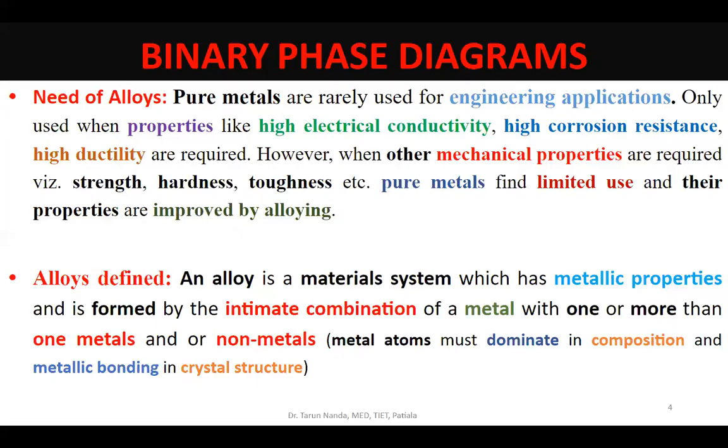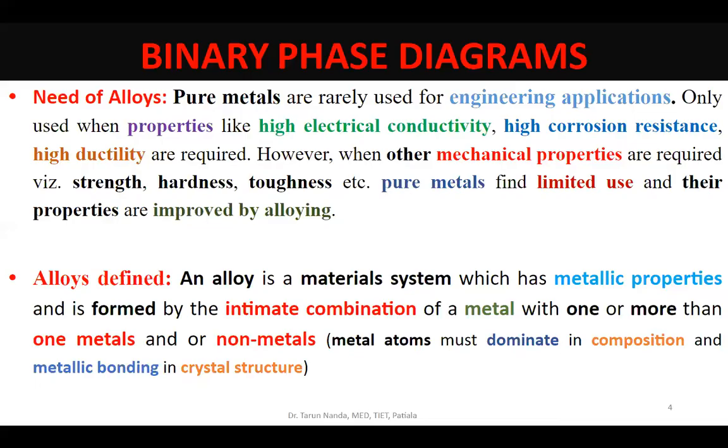So the properties of the metals need to be changed, need to be improved upon, and one of the methods of doing that is through alloying. So the main need of forming an alloy is to improve the mechanical properties of a metal system. And how do we define an alloy?